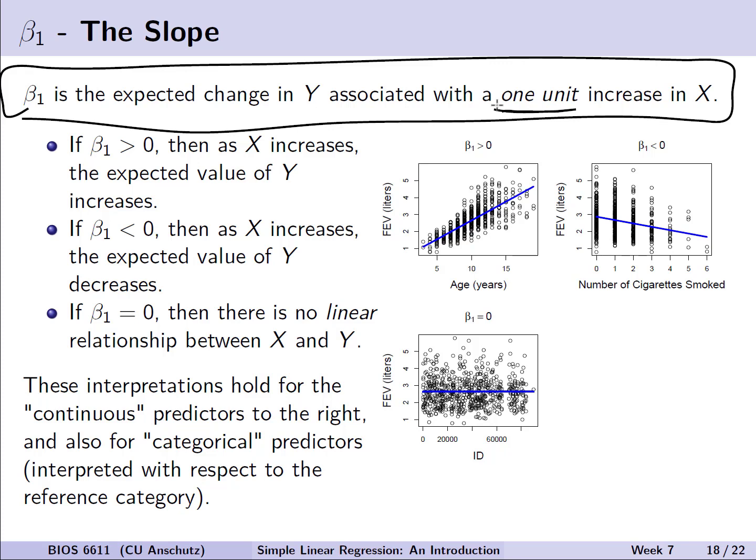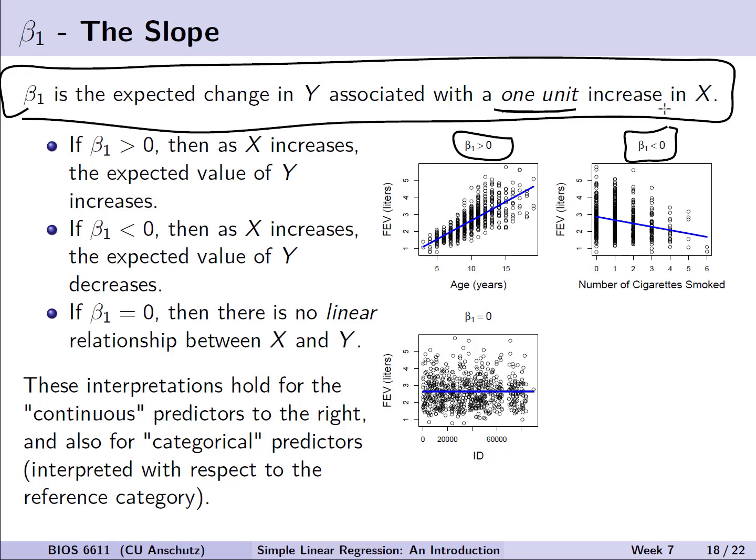For example, if beta 1 is greater than 0, then as x increases, the expected value of y is increasing. We see that over here for our plot of FEV by age. Generally, as each person increases in age, their FEV goes up. If beta 1 is negative, as we see here with the number of cigarettes smoked as our predictor, then as x increases, the expected value of y will decrease.